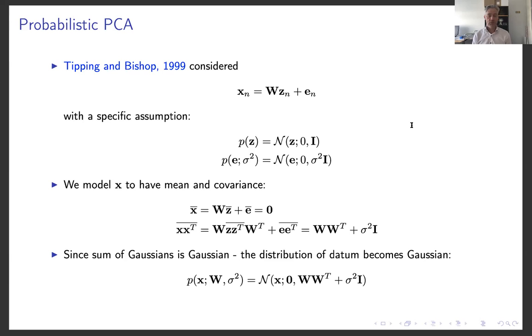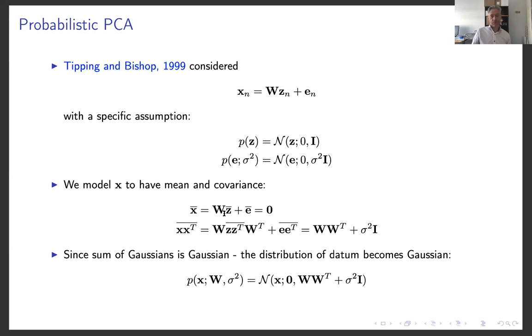So if you take these two assumptions, then you can go and calculate the mean and the covariance of x, right? So you can find the expected value of your data points, and you can also find how you expect that the different components of x co-vary. This is not a very difficult exercise because everything is Gaussian here. So we add up two Gaussian signals. W is a parameter, so it doesn't have any distribution in this formulation.